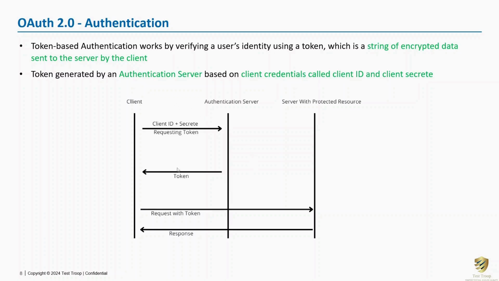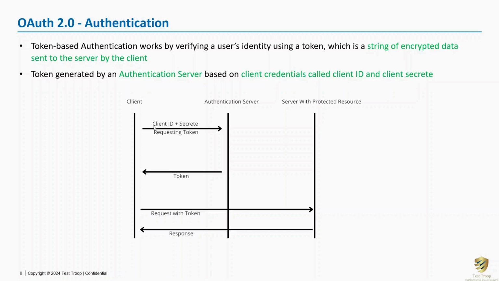This is a sequence diagram that explains OAuth 2 based authentication. Here, the client requests a protected resource from a server by sending a client ID and a client secret, which are its credentials. Then the authentication server verifies the authenticity of the client using the client ID and secret.